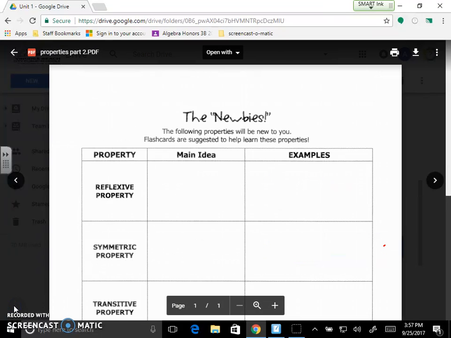Okay, so these are our new properties. The first one's called reflexive property. Let's see if I can scroll down a little bit so I can make it a little bit better. Maybe not. So I'll put it here. A value will always equal itself.